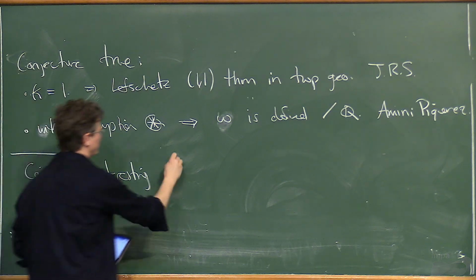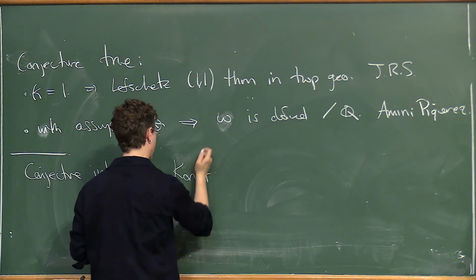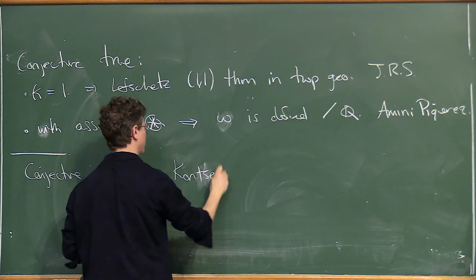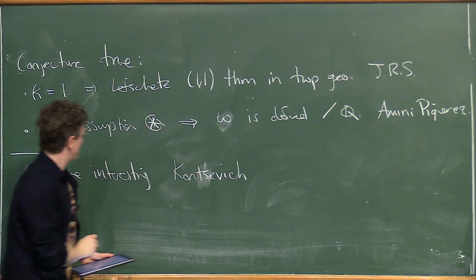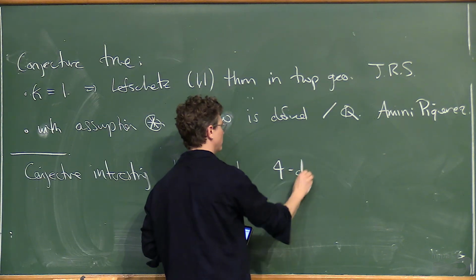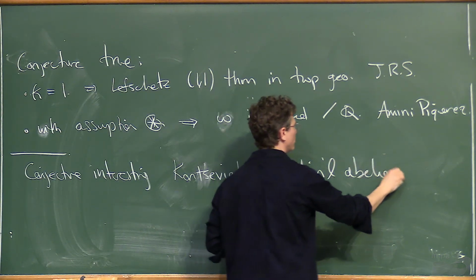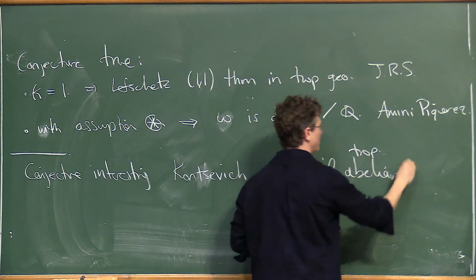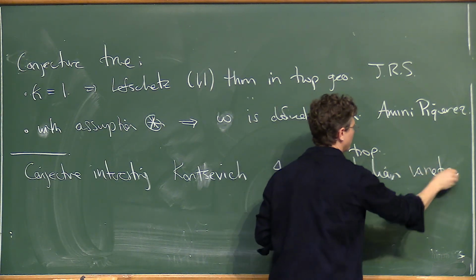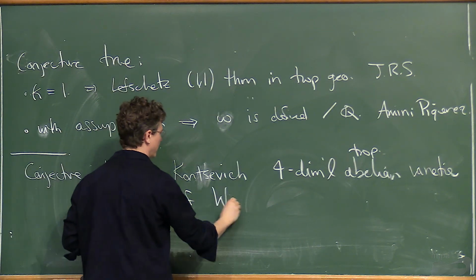And this is a proposition of Concavity, in so-called four-dimensional tropical abelian varieties of so-called Weil type.